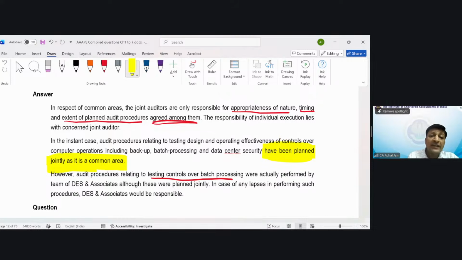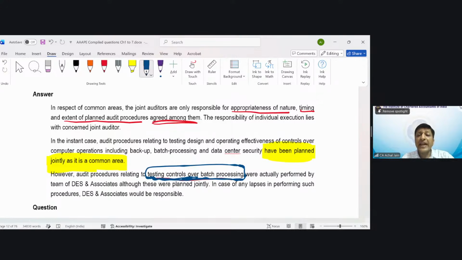However, when it comes to audit procedures in relation to testing the controls over batch processing, these were actually performed by the team of DS and Associates, although these were planned jointly.